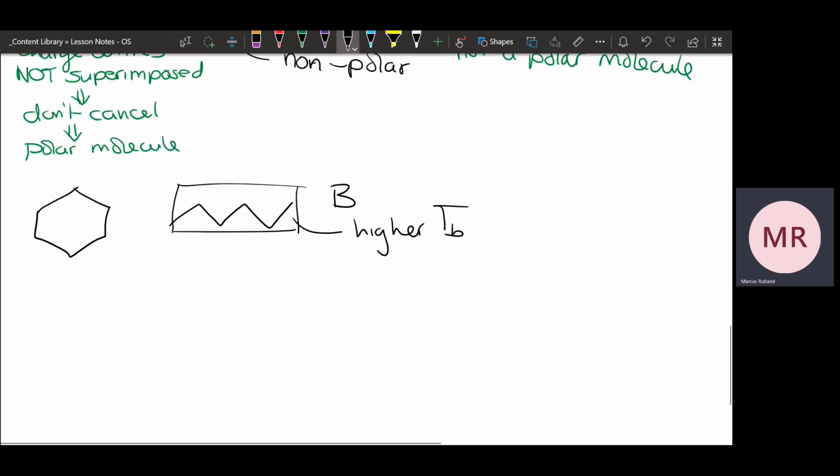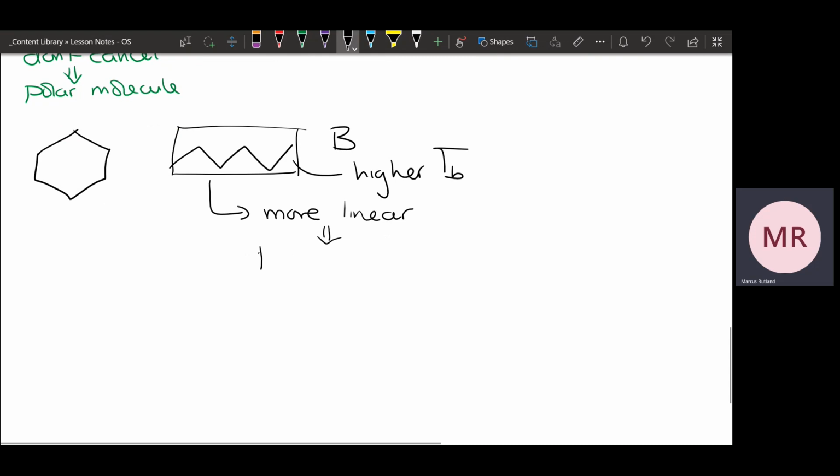And this falls into the same category that got a brief mention when we were introducing intermolecular bonding, of branching and the shape of molecules. It's more linear, so they will pack more closely. So more opportunity for ID intermolecular bonds to form.